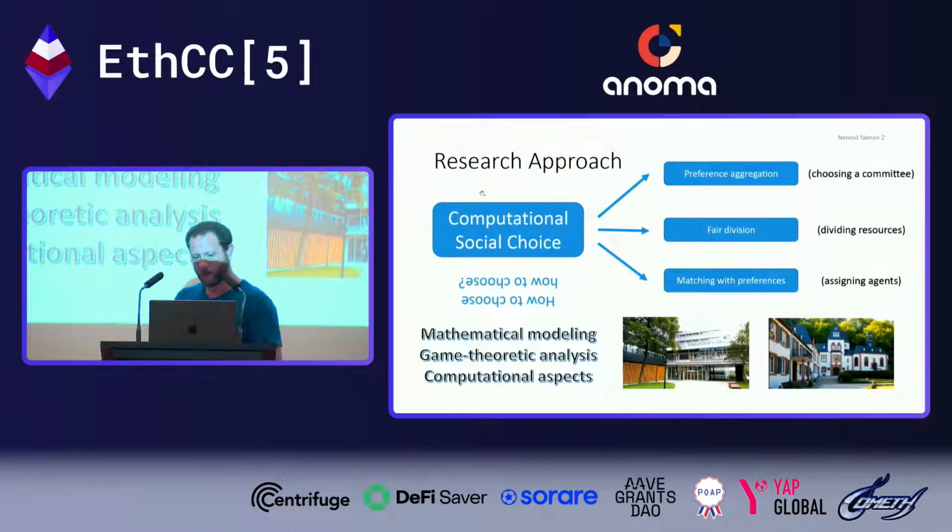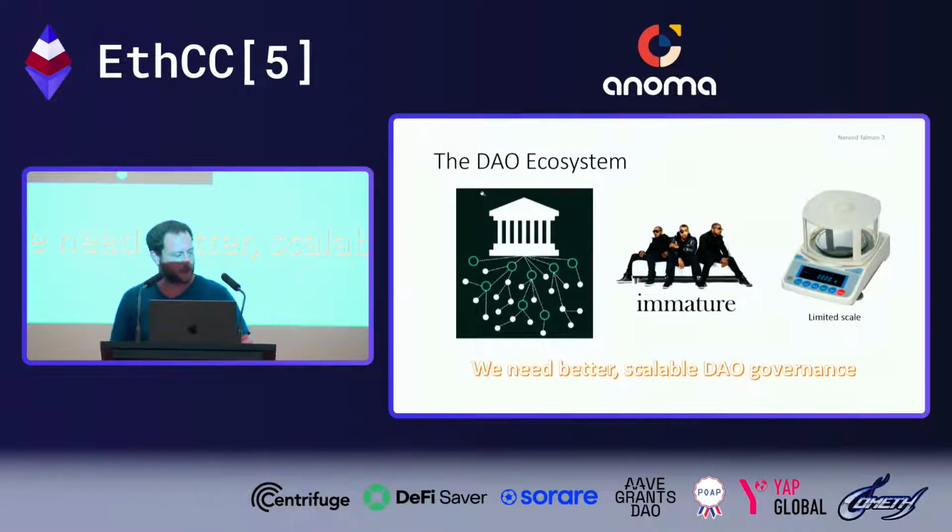that will allow us to develop good algorithms for community decisions. Then some time ago, I was reading more and more about DAOs. My feeling is that the DAO ecosystem is still largely immature in terms of the governance capabilities of DAOs.